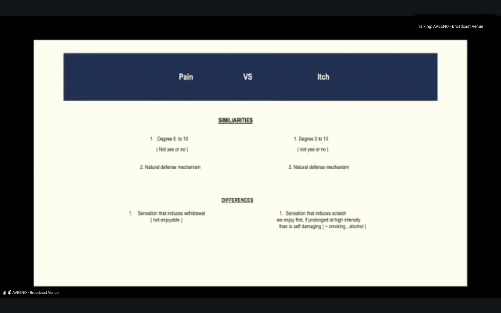So the major difference is pain will make you withdraw. You got a painful knee, you just rest your knee. You're not going to purposely go and hit your knee when you have pain. But itch is something that initially sounds pleasant, but you allow it to go beyond a certain duration, they start to self-torture themselves.